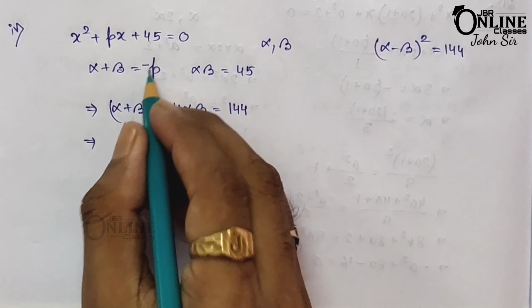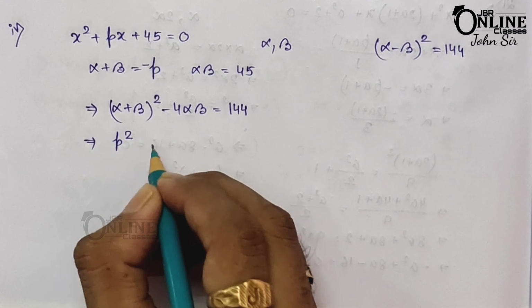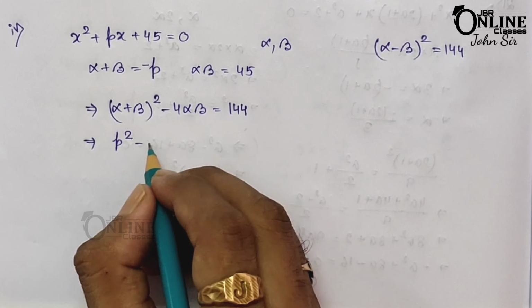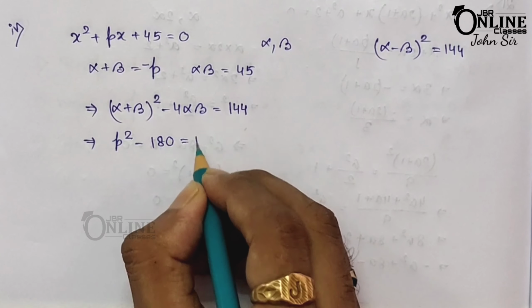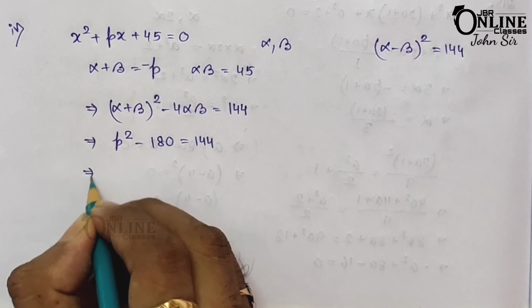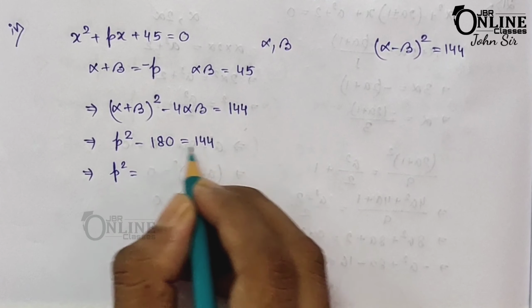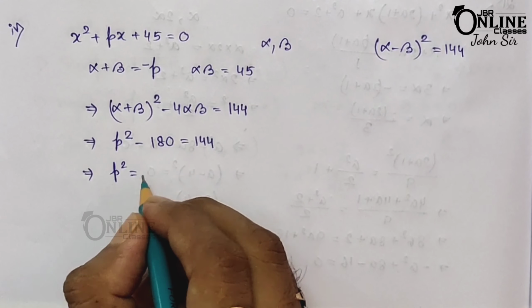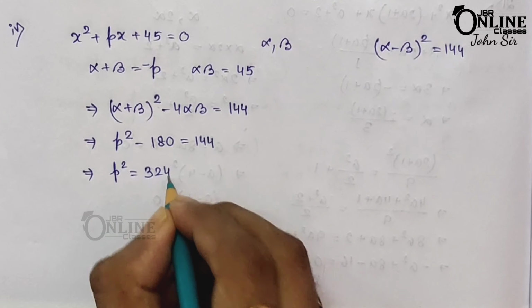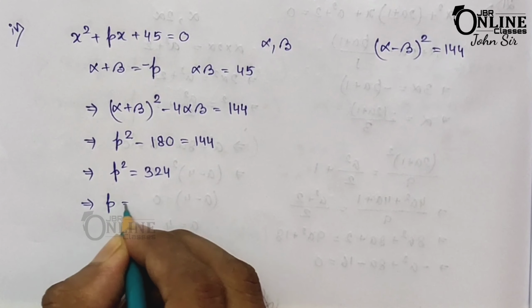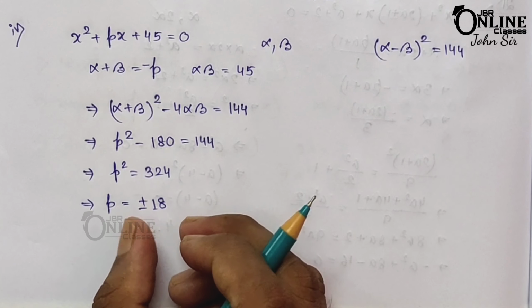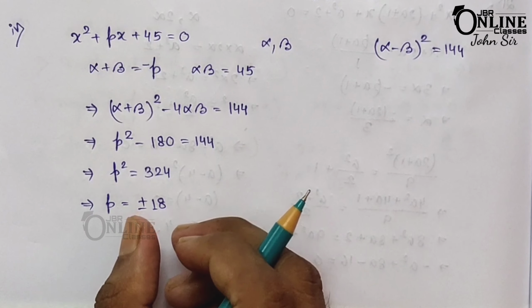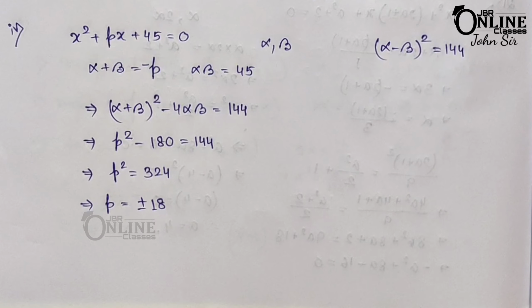So that will be minus p whole square, so p square, then minus 4 into 45, so 180, that equals 144. Then p square equals 180 plus 144, that equals 324, and from that p equals plus minus 18. Now you have to solve the equation.